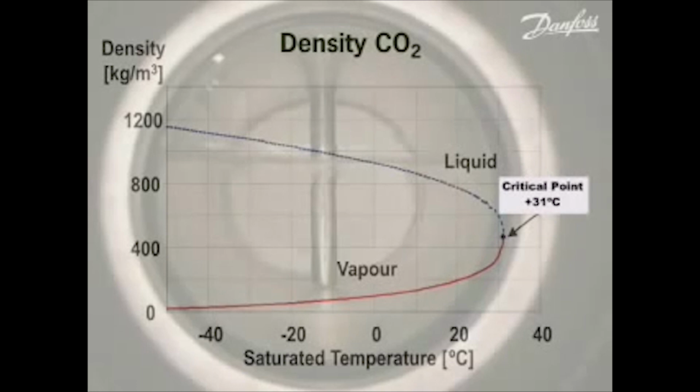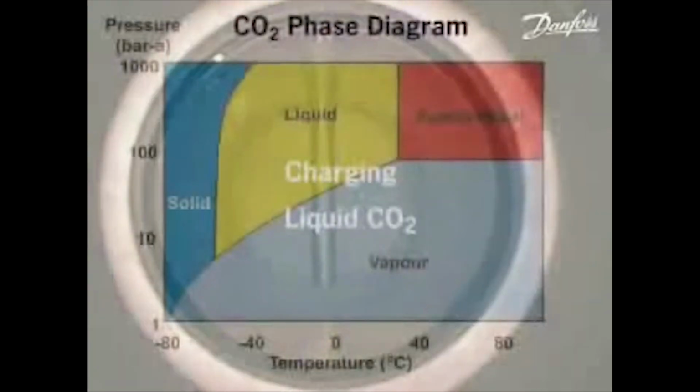The density of CO2 at the critical point is 468 kilograms per meter cubed, which is of the same order as many liquids, but is nearly 2.5 times higher than the CO2 vapor density at the starting point of 20 degrees C. The cell is again filled with liquid CO2 under the same conditions as before.